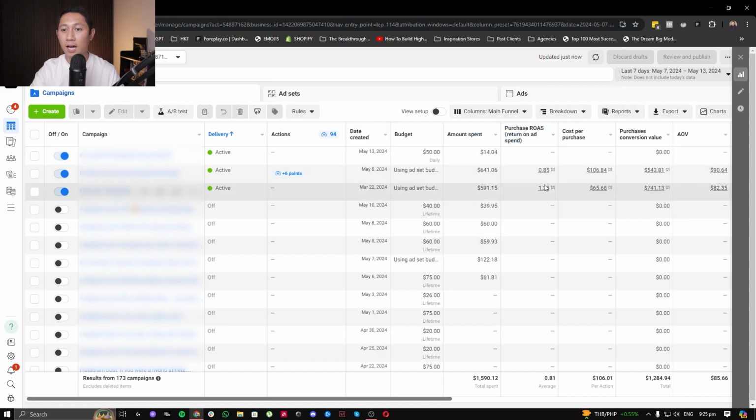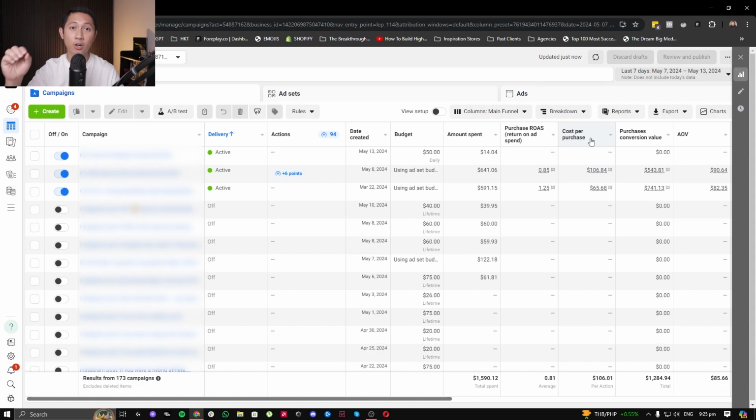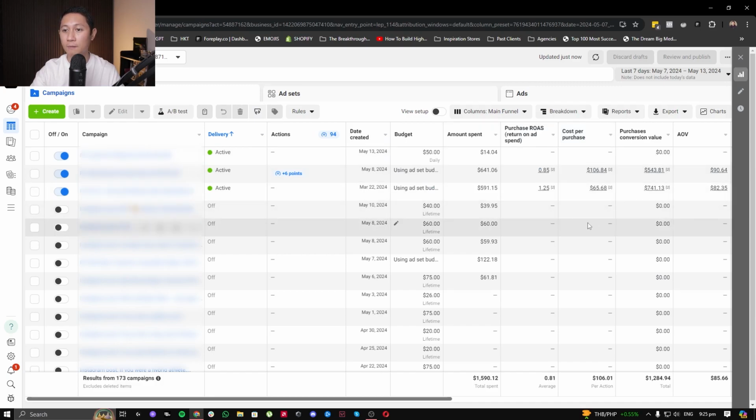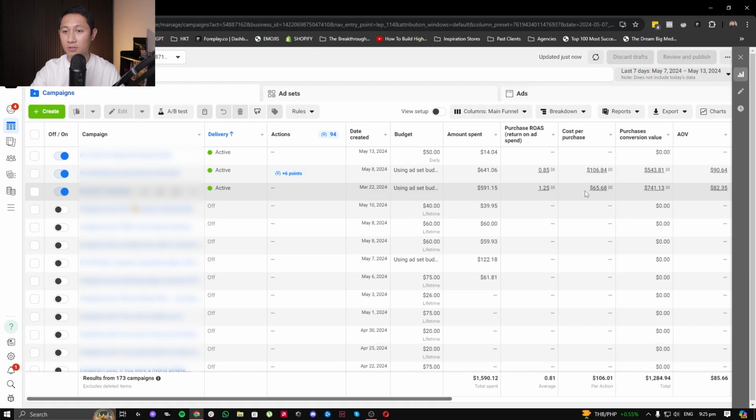And here, I take a look at the purchase ROAS, the return on ad spend. The next one is the cost per purchase or the cost per acquisition. It's almost similar to the cost per result as well, but I would want to take a look at the cost per purchase because, to be honest, these are the two most important metrics that I'm looking at.